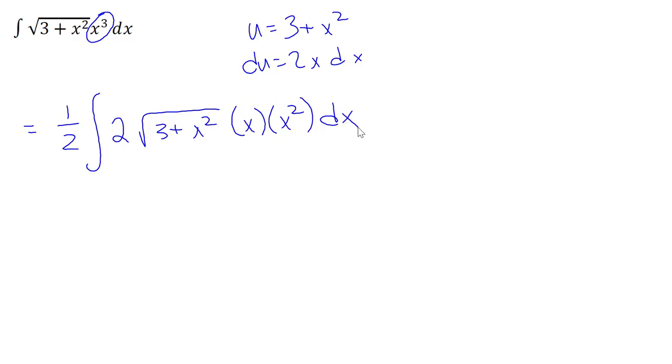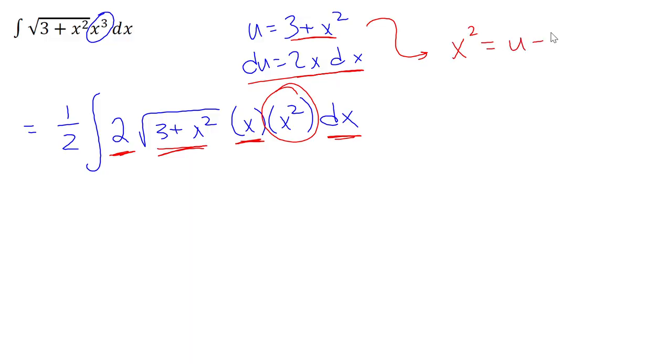And so if I do that, we can see that we have our 2x dx. That's what gives us the du. And we have root 3 plus x squared, which will just be root u. But we're left with this extra x squared term. Well, that extra x squared term is actually easy to deal with. If we just subtract 3, we get x squared is equal to u minus 3.